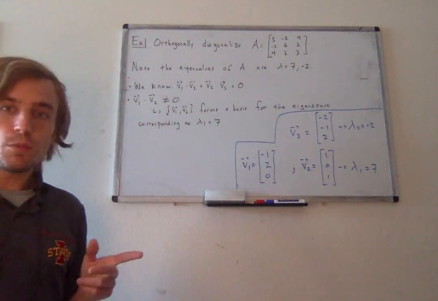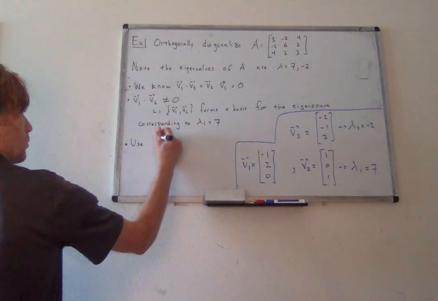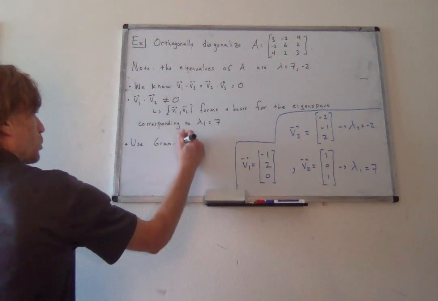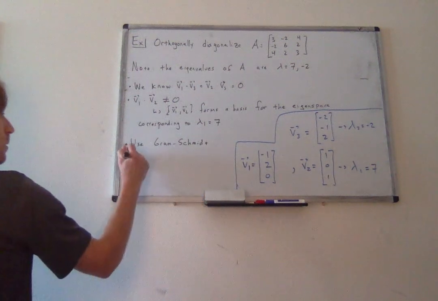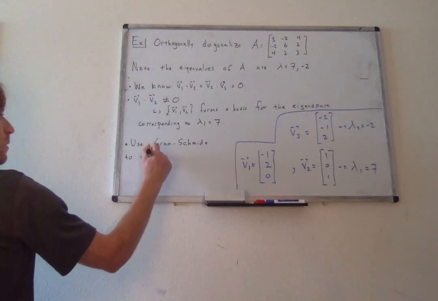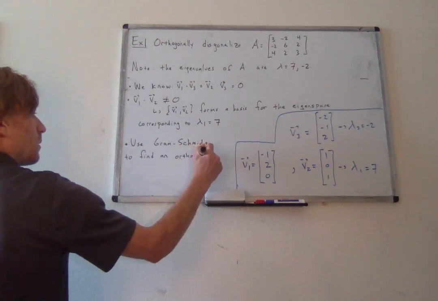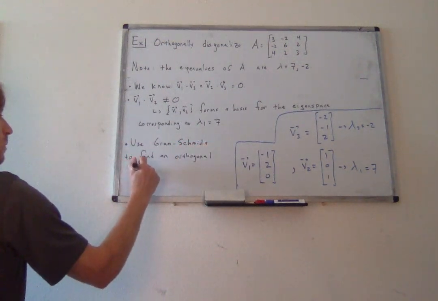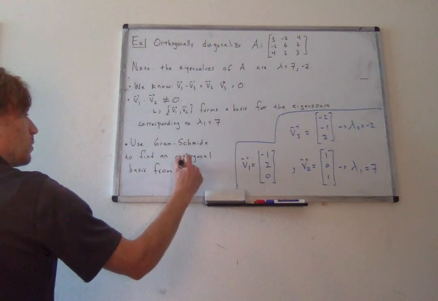But if given a basis, all I need to do is use the Gram-Schmidt process to find an orthogonal basis from v1, v2.